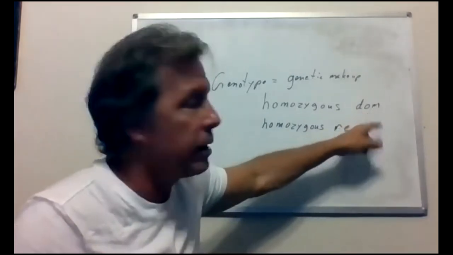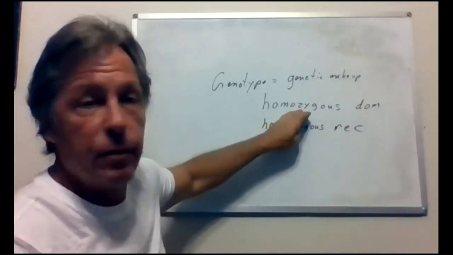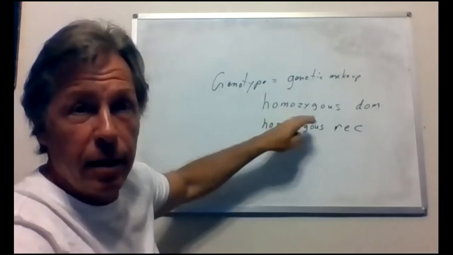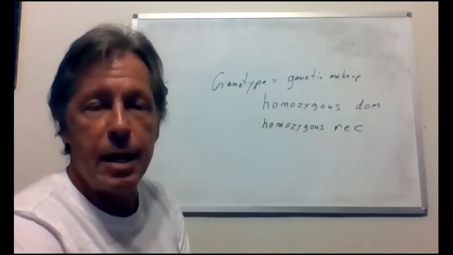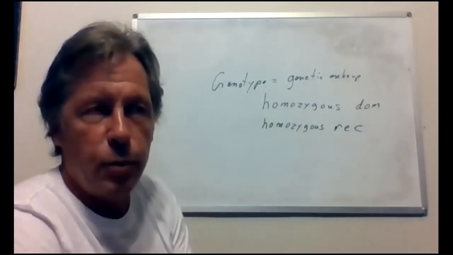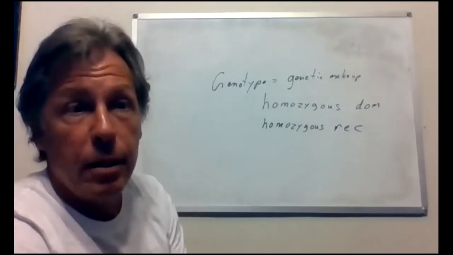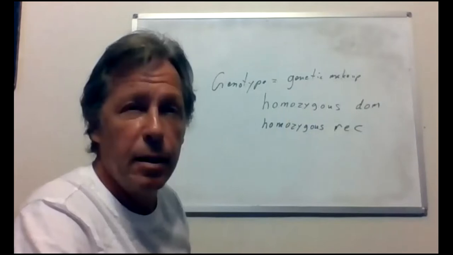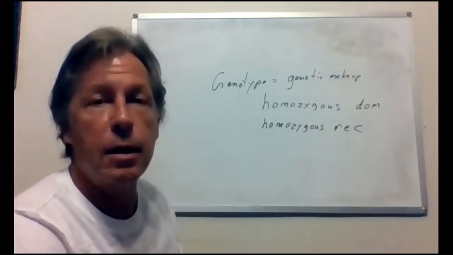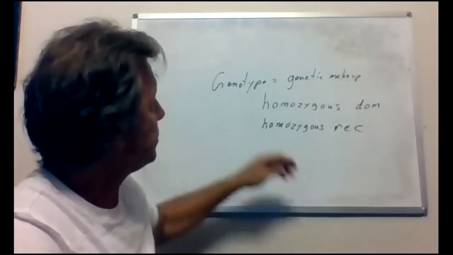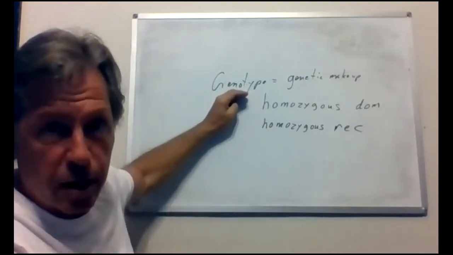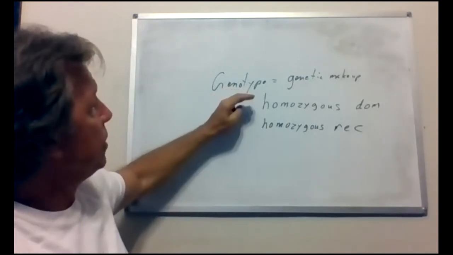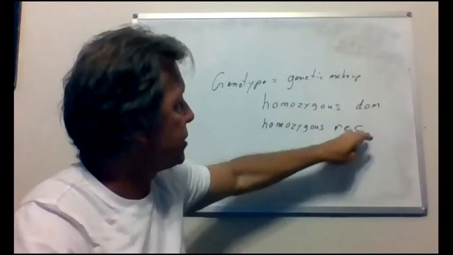Without this qualifier, if I only say that the genotype is homozygous, then that just tells me they're both the same. It doesn't tell me which ones they are. So any kind of answer about a genotype, if you don't see a combination of these, either homozygous recessive or dominant, then you have to exclude that option because it's not a complete answer, right? So any discussion of genotype requires homozygous and dominant or recessive.